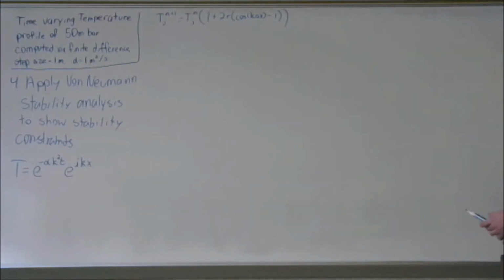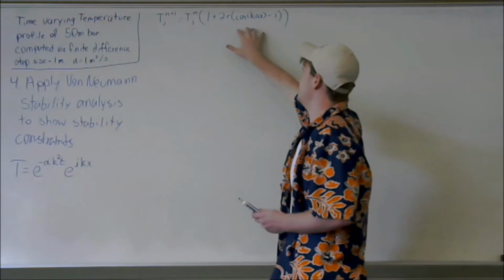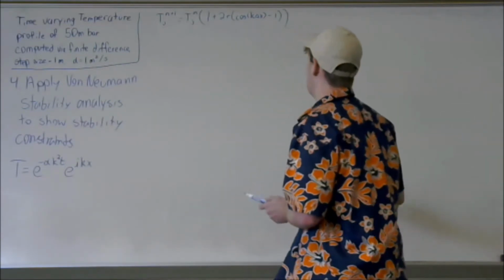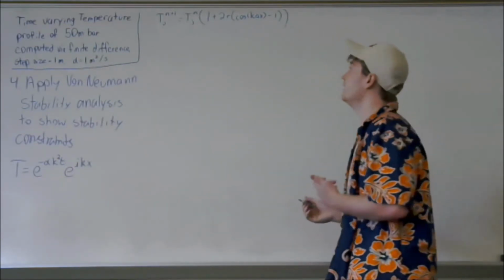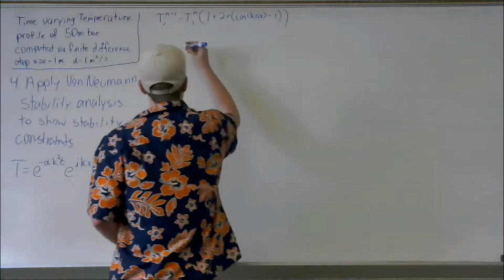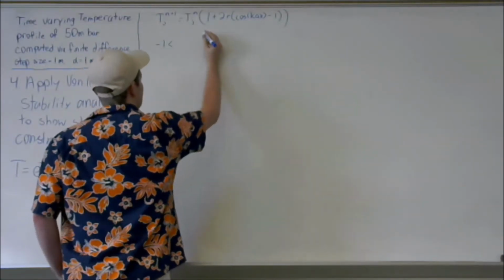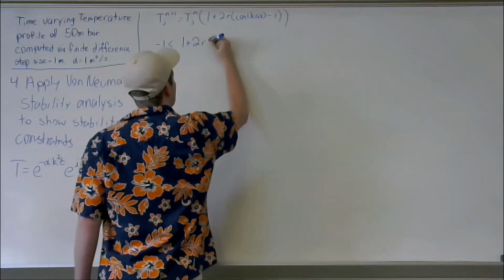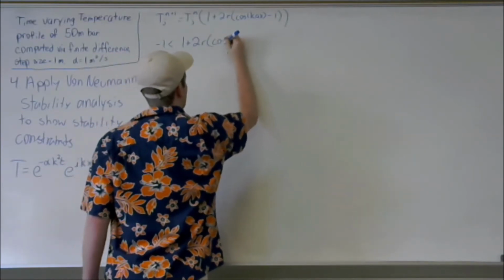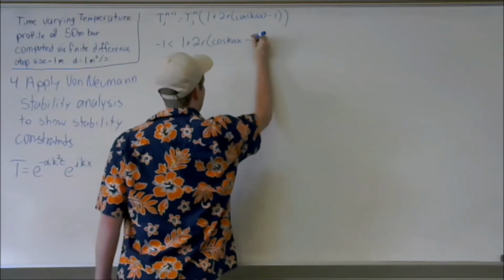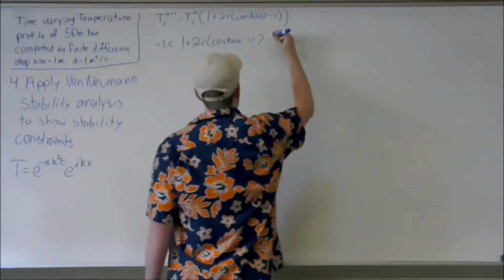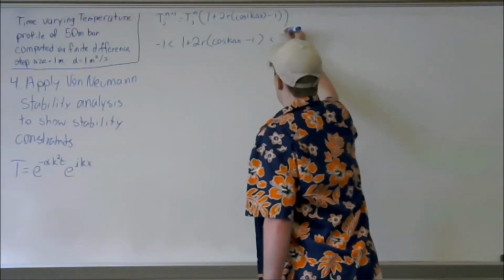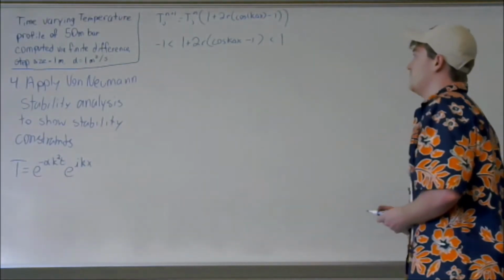All right. So as I said, we cannot let this inside parentheses value be greater than 1 or less than -1. So let's set up an inequality here. We'll say -1 is less than this value, 1 plus 2r cosine of k delta x minus 1, and that can't be greater than 1.